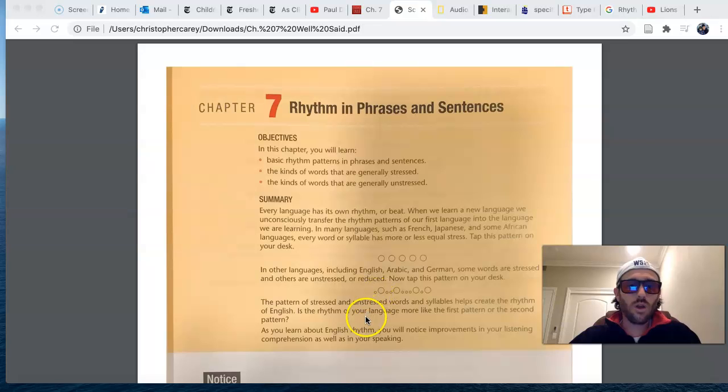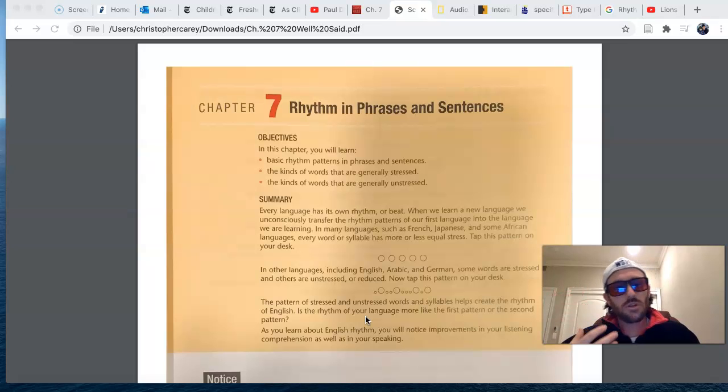And as you learn about English rhythm in this chapter, you're going to notice that your listening will improve, as you will tune your ear to listen for those stressed words, right? So your comprehension will be better because you'll better recognize the words that are stressed.